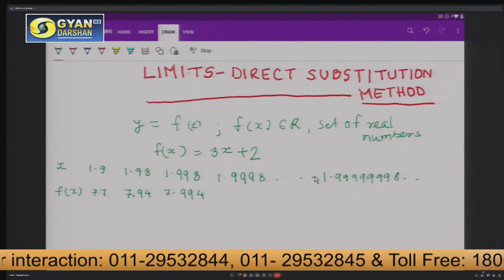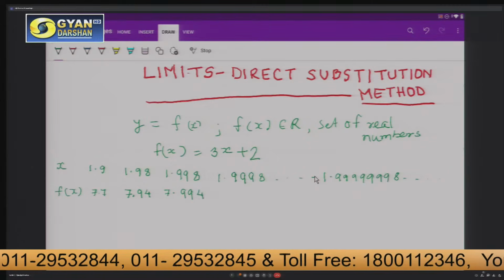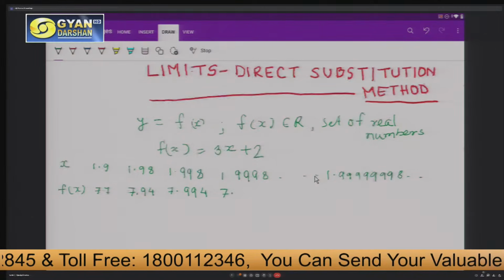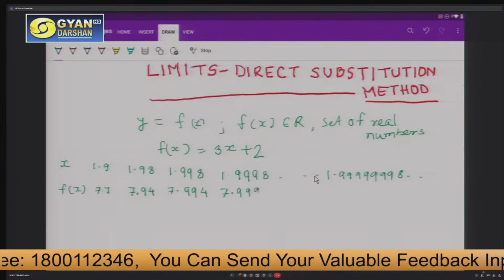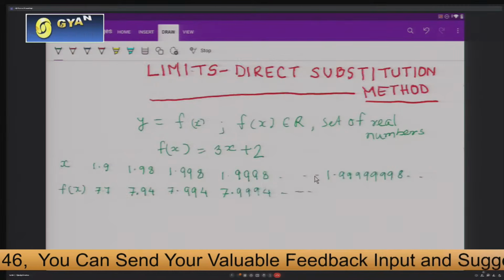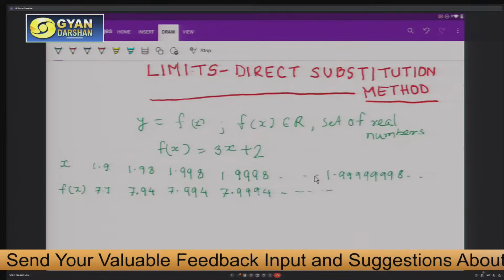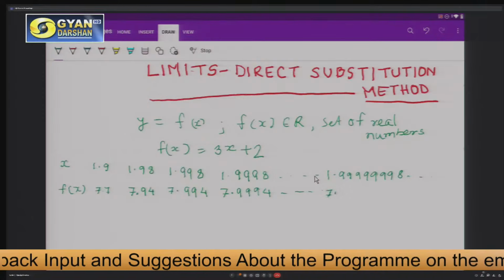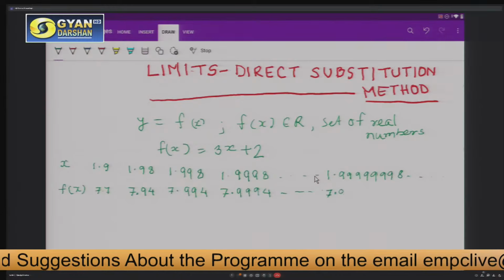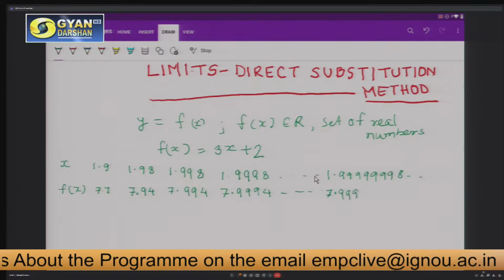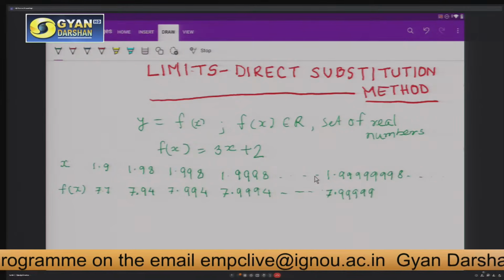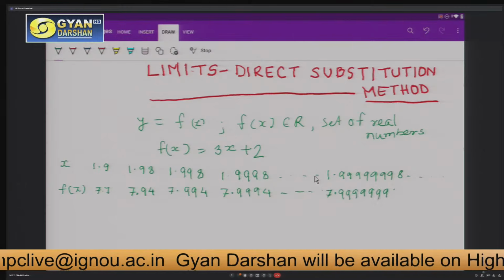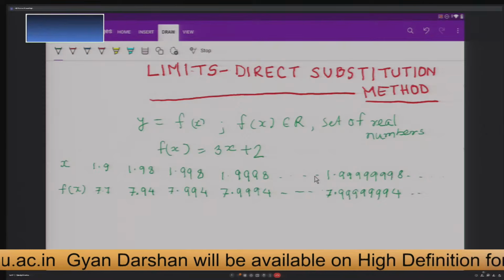Then 7.994, you can check it, and so on.